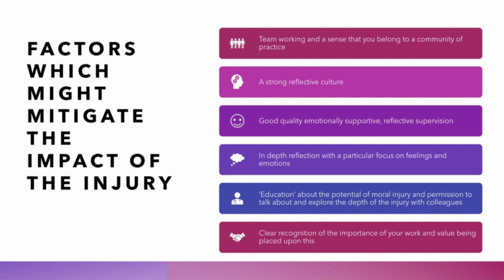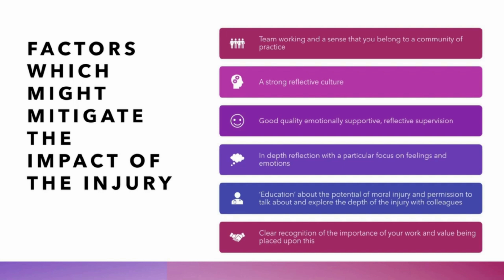People need good quality, emotionally supportive, reflective supervision, and the opportunity for in-depth reflection with a particular focus on feelings and emotions. People benefit from education about the potential of moral injury and having permission to talk about it and explore the depth of the injury with colleagues.